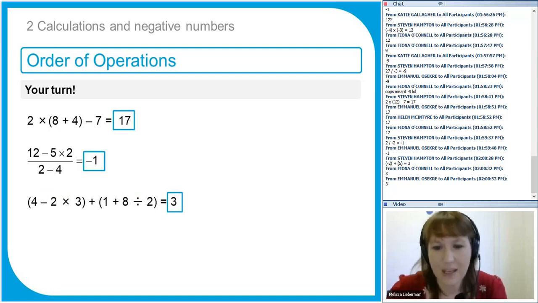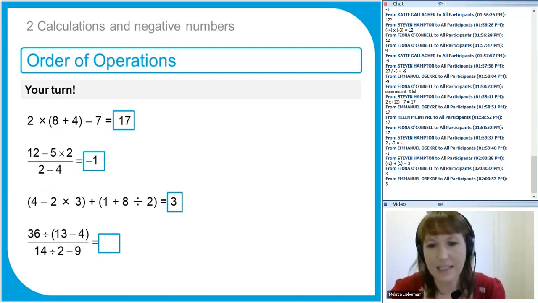One more. So this is one with a dividing line again. Now this time we've got 36 divided by 13 minus 4 on the top, and 14 divided by 2 minus 9 on the bottom. What do we think, guys? So on the top we've got 36 divided by 9, which is 4. Get into the habit of writing things down when you work it out.